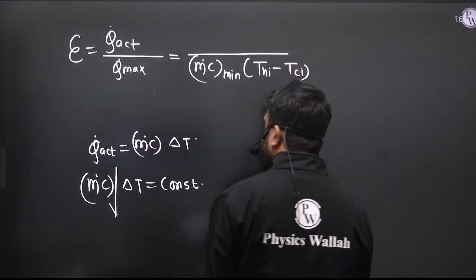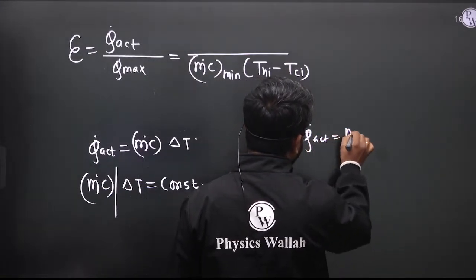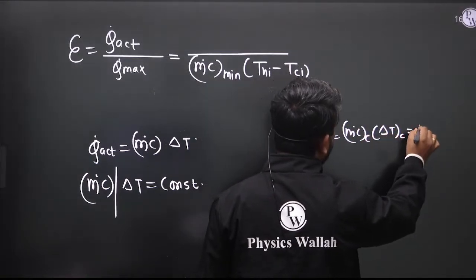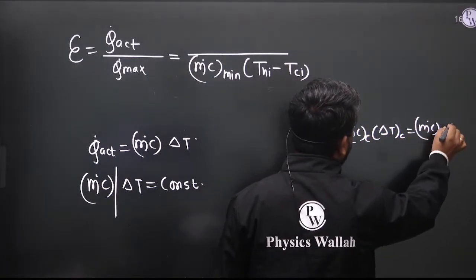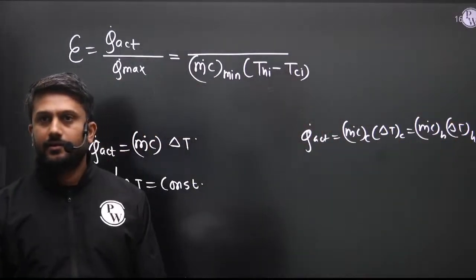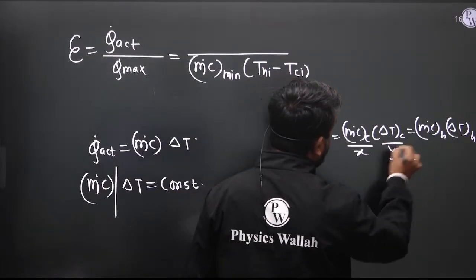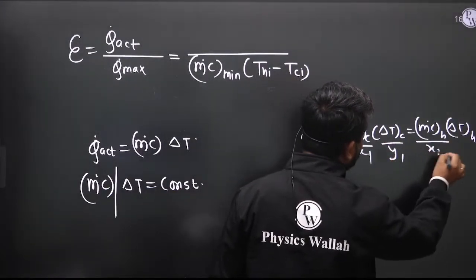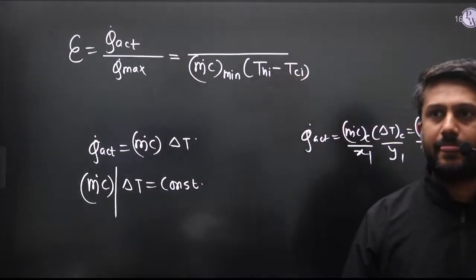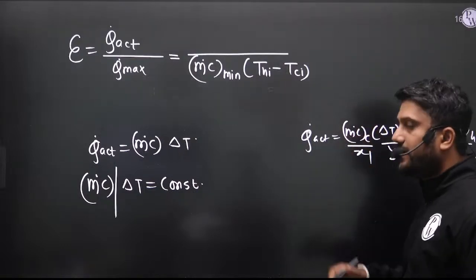If you apply the energy balance, the actual heat transfer is equal to the heat capacity rate of the cold fluid times delta T of cold fluid, which is equal to the heat capacity rate of the hot fluid times delta T of hot fluid. So simply, if you consider this is X1, Y1, and this is X2, Y2, the product of X and Y is constant. If X increases, then definitely Y decreases.